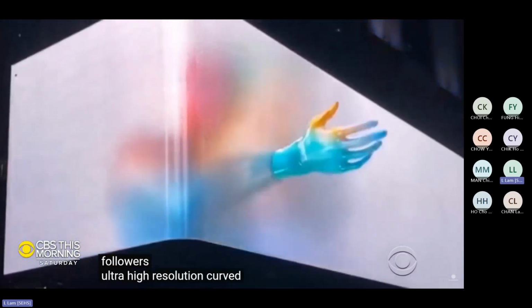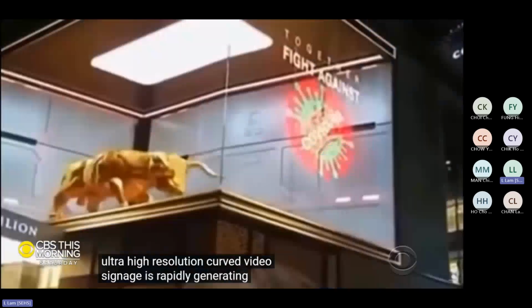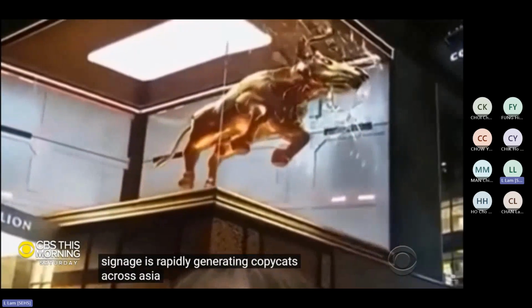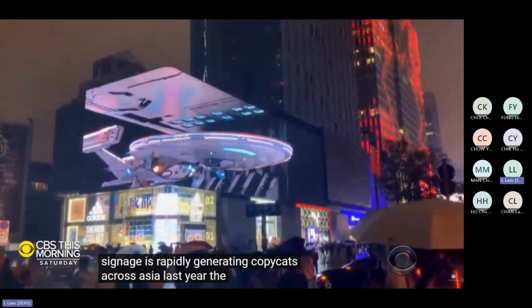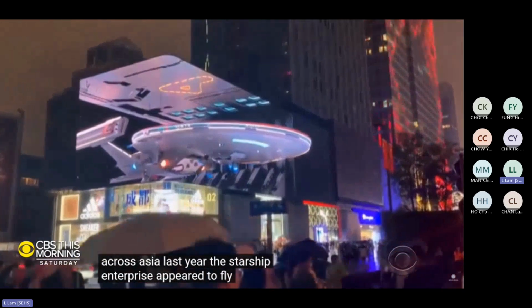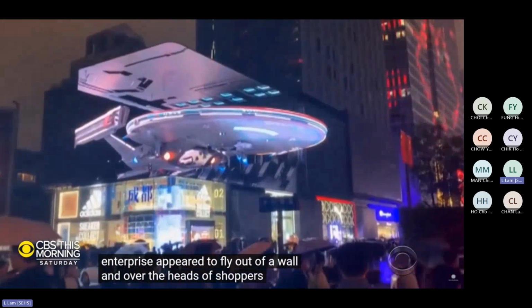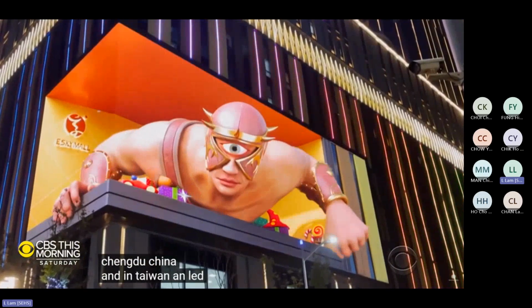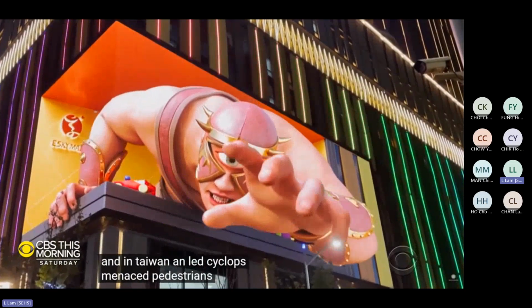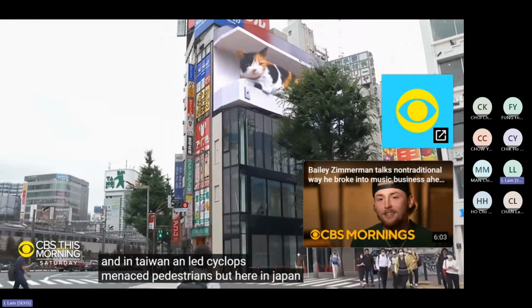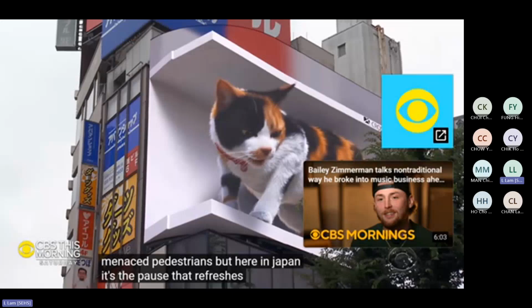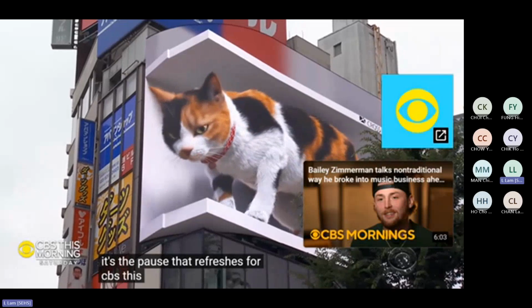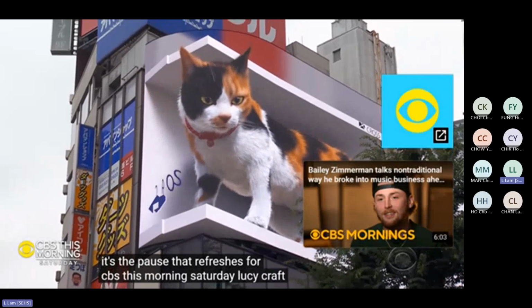Ultra-high resolution curved video signage is rapidly generating copycats across Asia. Last year, the Starship Enterprise appeared to fly out of a wall and over the heads of shoppers in Chengdu, China. And in Taiwan, an LED cyclops menaced pedestrians. But here in Japan, it's the pause that refreshes. For CBS This Morning Saturday, Lucy Kraft, Tokyo.